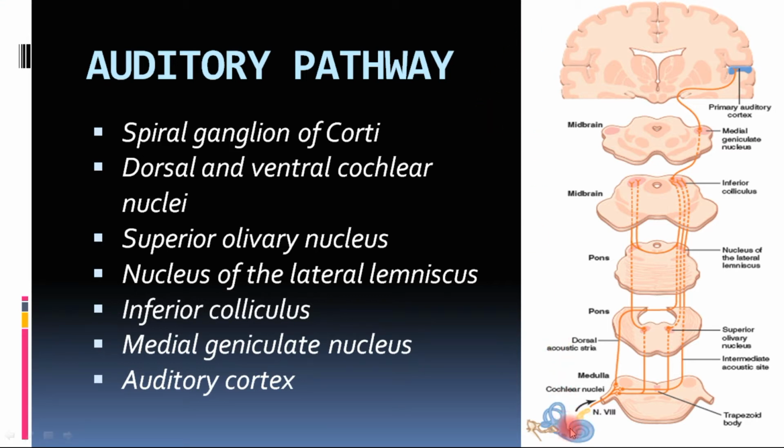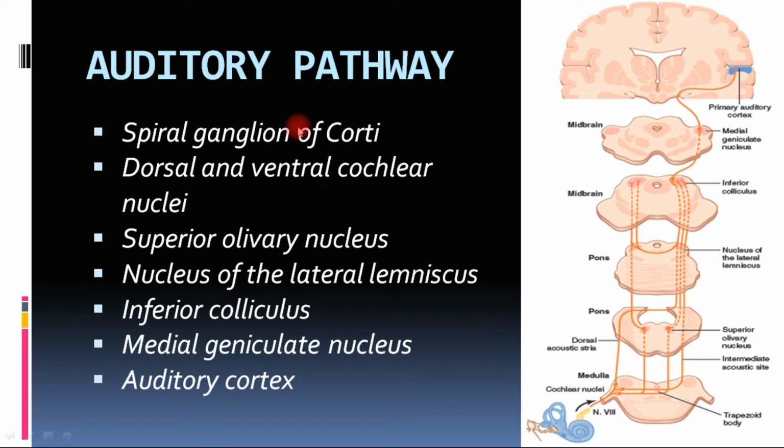This cochlear nerve, or auditory nerve, also cranial nerve number 8, synapses at a place in the upper part of the medulla, and that nucleus where the synapse takes place is called the cochlear nuclei.